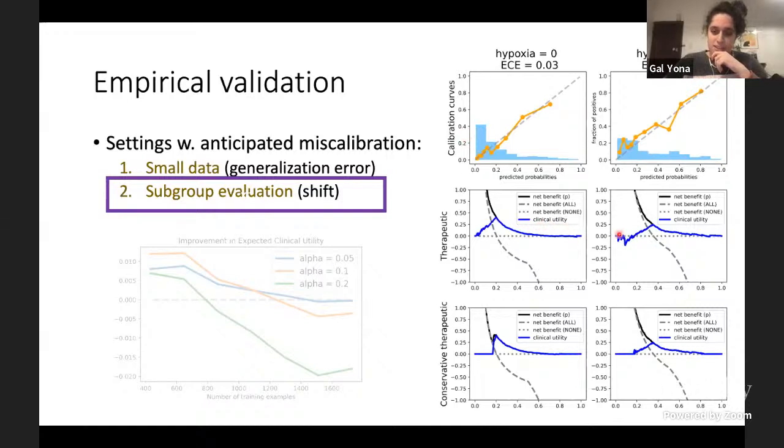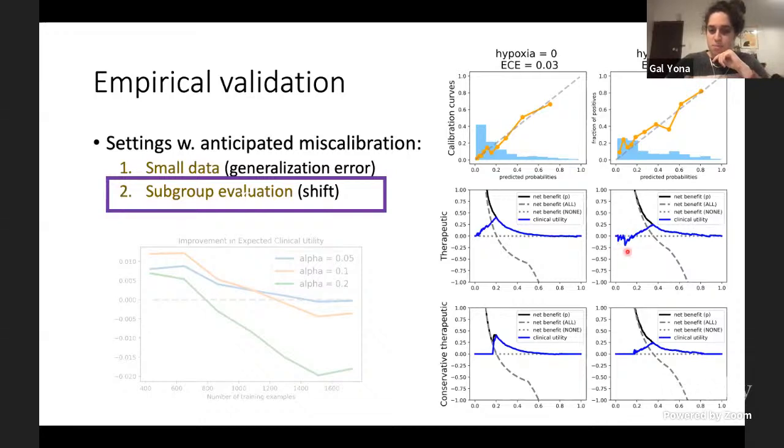And here are the decision curves. The middle row is from using J star, and the bottom row is from using J, our regret minimizing threshold. And you can indeed see that there is some miscalibration going on here in the low probabilities for one of the subgroups.